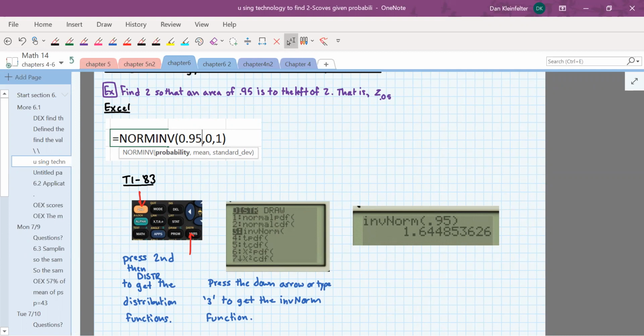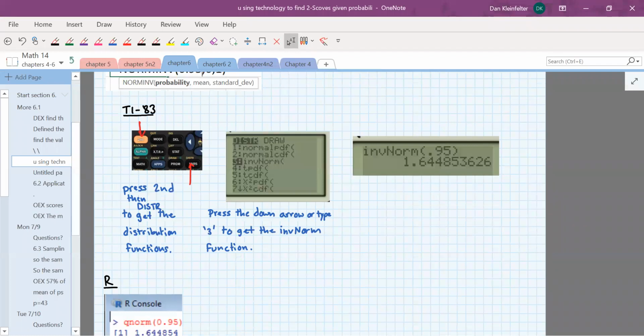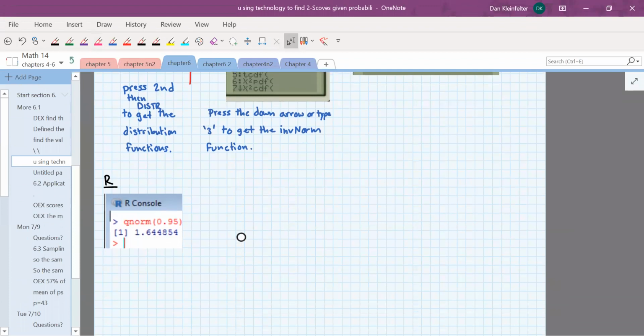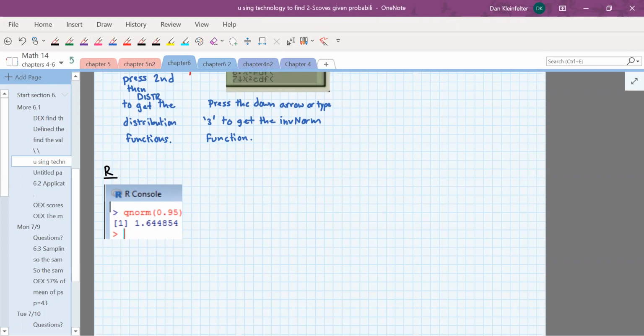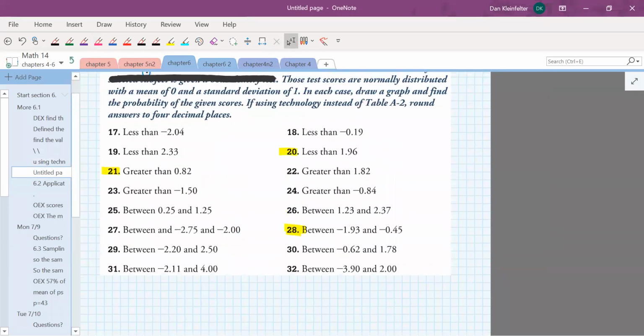If we want to find z so that the area of 0.95 is to the left, which is z 0.05, we'll put 0.95 as the first input, and then again you have to put in the mean and standard deviation. If you're using a TI-83, it's under the distributions menu, and we're going to use the inverse normal function. If anyone's using R, the function for this is qnorm, and by default, it uses a mean of 0 and a standard deviation of 1. For our purposes, we'll be able to just use the table.